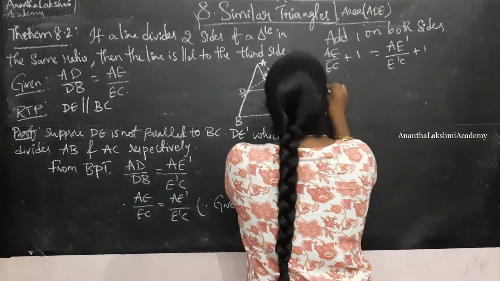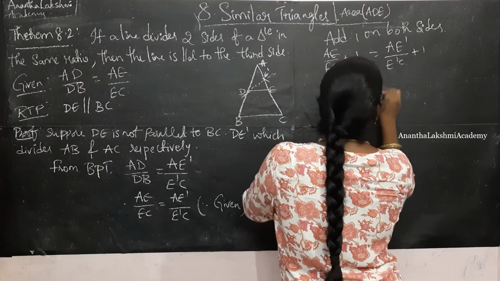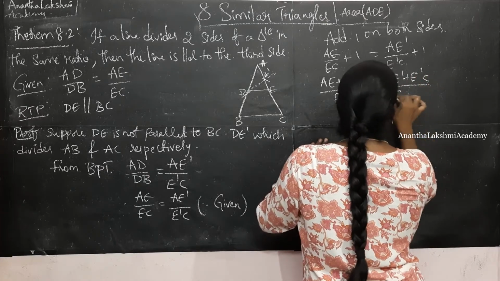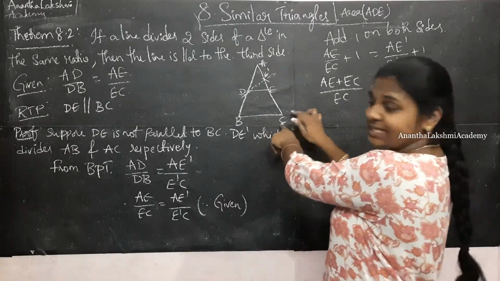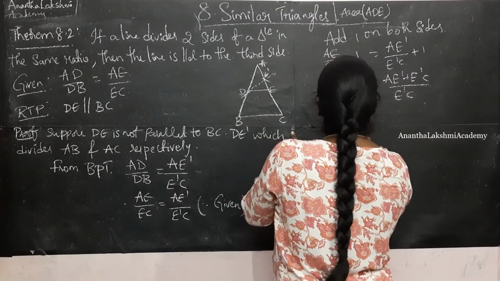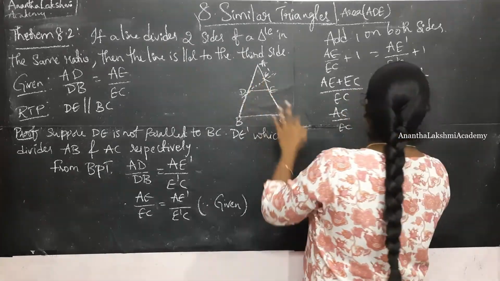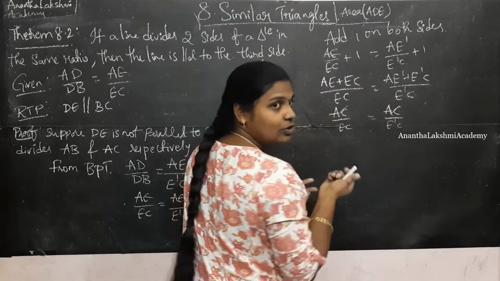Okay. AE plus EC by EC is equal to AE dash plus E dash C by E dash C. Isn't it? So AE plus EC is nothing but AC. And AE dash plus E dash C is also nothing but AC. So if you cancel them, what do you get?